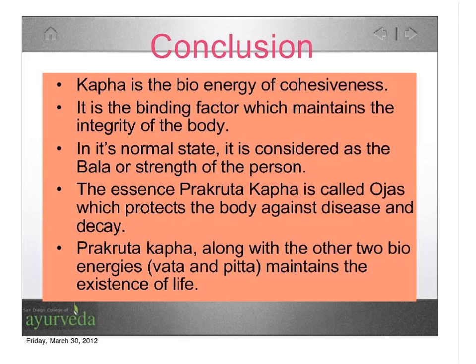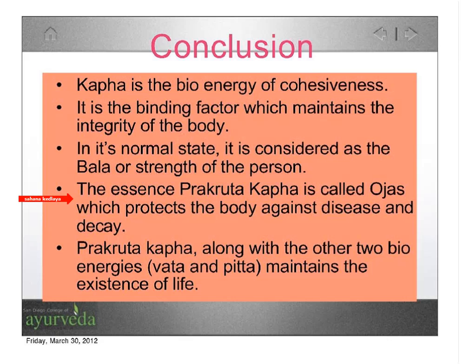To conclude, the Kapha is the bioenergy of cohesiveness. It is the binding factor which maintains the integrity of the body. It gives the compactness to the body. In its normal state, it is considered as the bala or the strength of a person, both the work doing capacity and also the immune mechanism of the person.